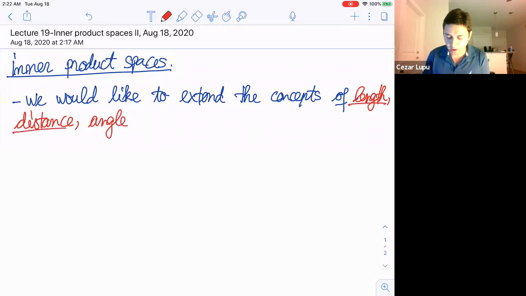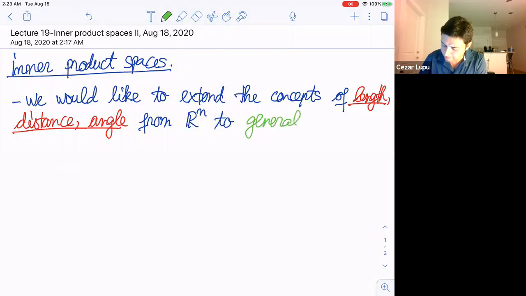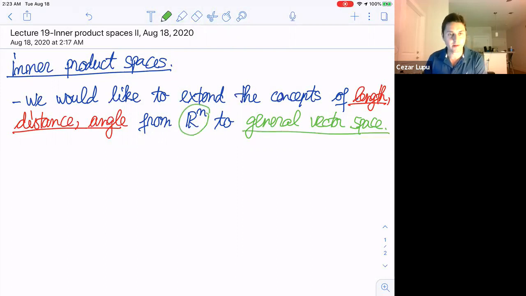So we want to extend these three concepts from Rn one step further. We want to extend them a little bit to general vector spaces. So instead of having Rn here, we'll have a general vector space. And once we plan to do this, you will see that we're dealing with the inner product space.